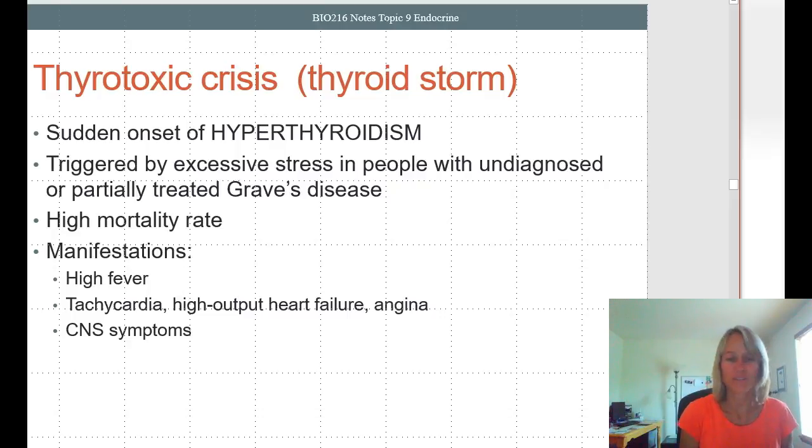I don't know if we talked much about that with heart failure, but that's where the heart is actually producing high cardiac output, but it's failing to meet the metabolic needs of the body because we have increased metabolism due to this hyperthyroidism. It can also cause chest pain and CNS symptoms.